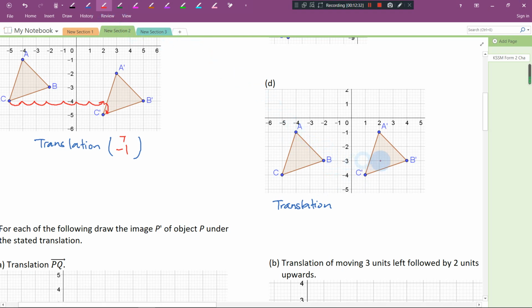Okay, so let's try choose point A. 1, 2, 3, 4, 5, 6. 6 steps go to right. Right 6. And then how many steps go down? The object does not go downward or upward, just 6 steps go to right. So here you put 0.